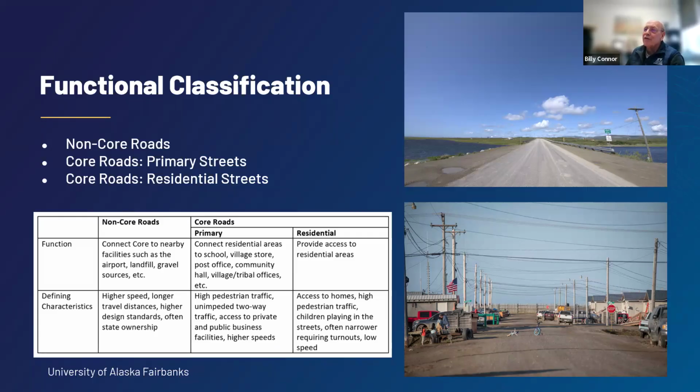So we came up with really three types. The non-core roads, which we'll talk about, the primary roads, which we call the core roads. The core roads are typically within the village, and then we have the primary streets and the residential streets. And in the guide, there's a graphic chart like this, but I'm going to take each one of them and talk about them individually. Next slide, please.